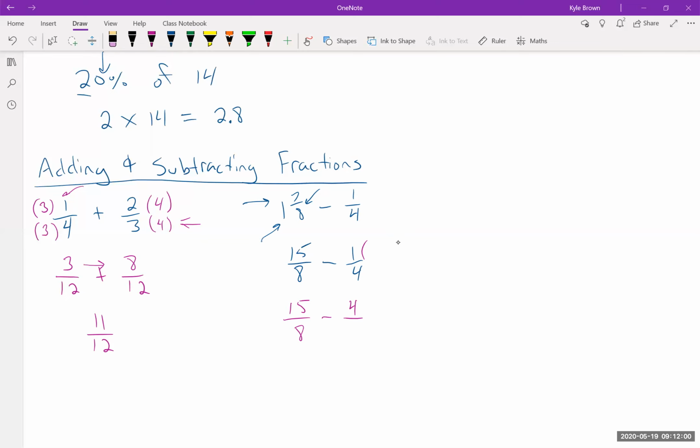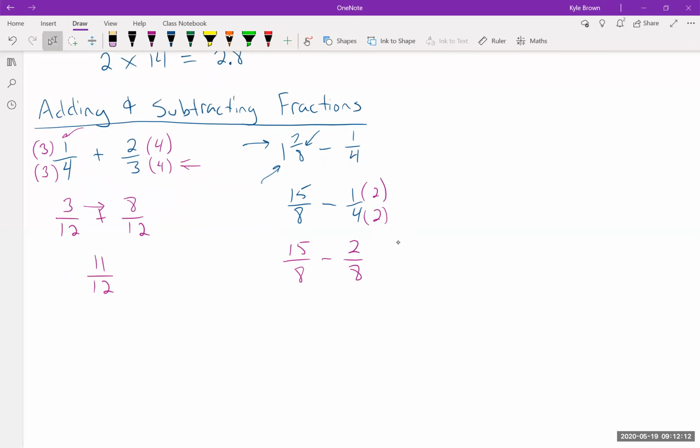You multiply it by 2. Okay, so 2 over 8. That makes more sense. Then in the end, the answer is just going to stay as 8 on the bottom, and 15 minus 2. So that's the same thing as 13 over 8.